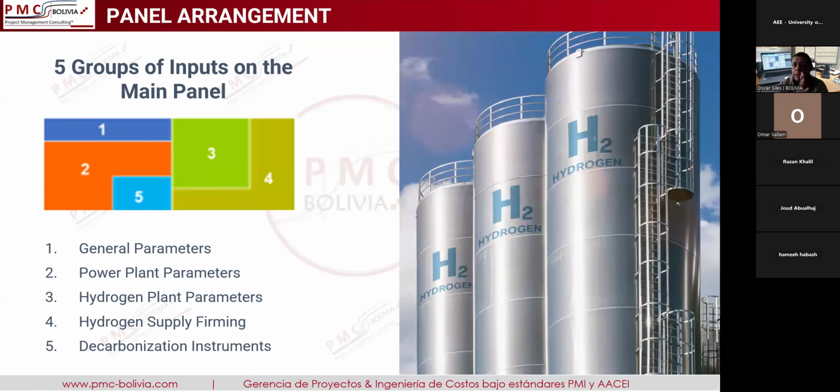The panel is structured with 5 groups of inputs on the main panel: general parameters, power plant parameters, hydrogen plant parameters, hydrogen supply firming, which is related to the grid connection, for compression plus storage, and the fifth is decarbonization instruments.